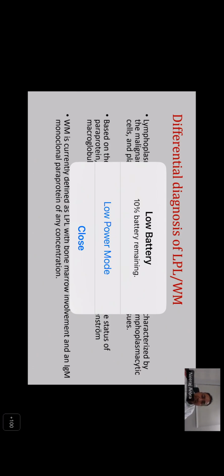Whenever you are dealing with such a scenario, there are a few differentials that you need to keep in mind. One of them is marginal zone lymphoma with plasmacytic differentiation, and sometimes, as Prashant had mentioned, small cell myeloma. Small cell myeloma is one entity you always need to keep in mind and include CD138 in your IHC panel.